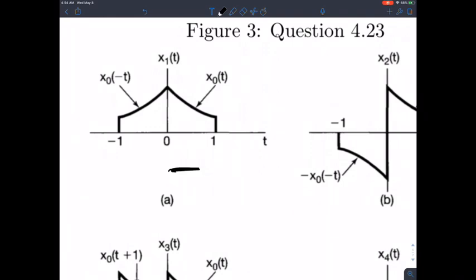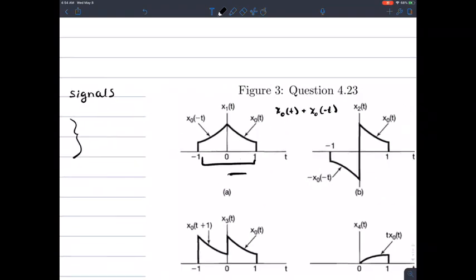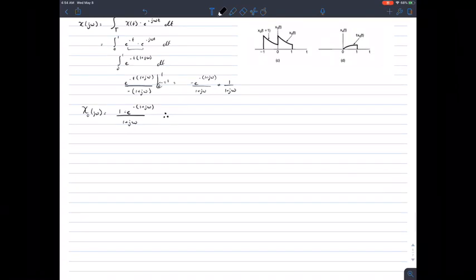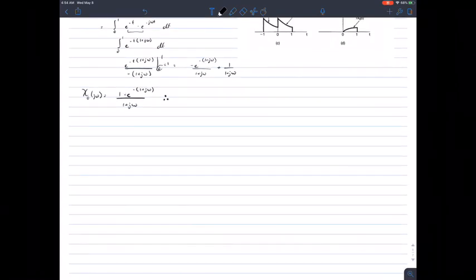what you can see is this whole signal is going to be x naught of t plus x naught of negative t. Okay? So when you look at your sheet, it actually shows you time reversal. Time reversal tells us that x of negative t corresponds to x of negative j omega.